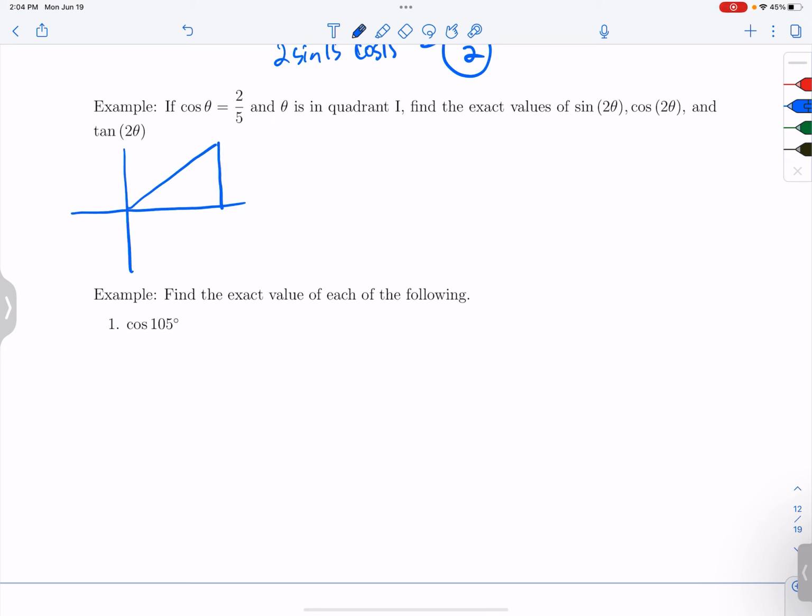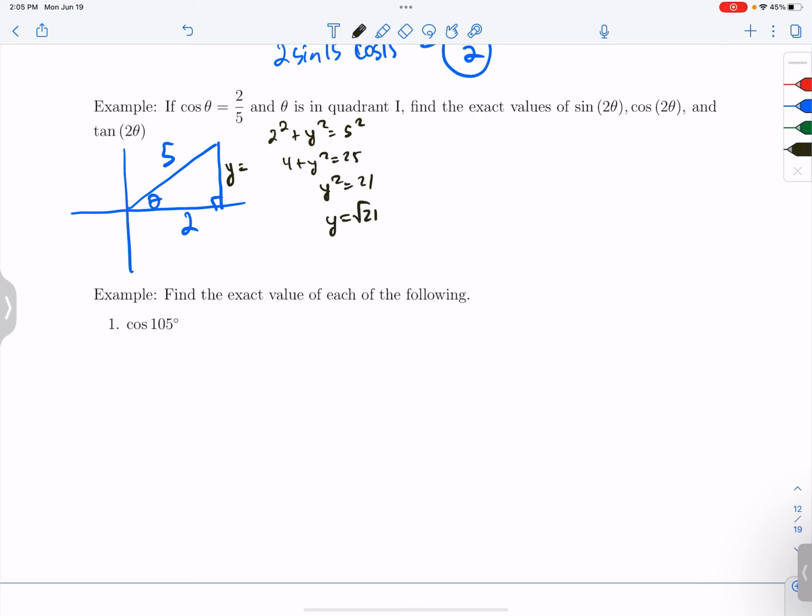When we draw this, theta is always this angle down here near the origin. Cosine of theta is 2/5. Cosine is the adjacent over the hypotenuse, so we can solve for this value. We'd say 2 squared plus y squared is equal to 5 squared, which is 25. 4 plus y squared is equal to 25. Y squared equals 21. So square root 21 is what this missing side is.